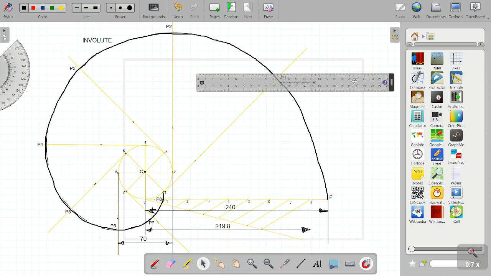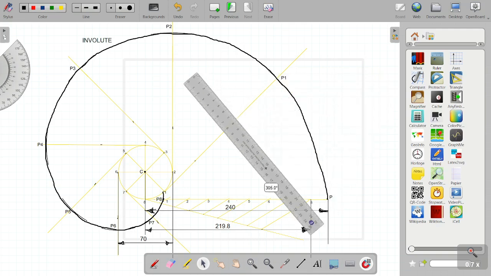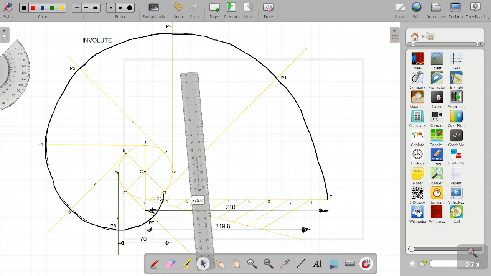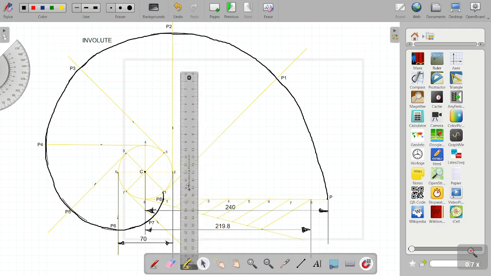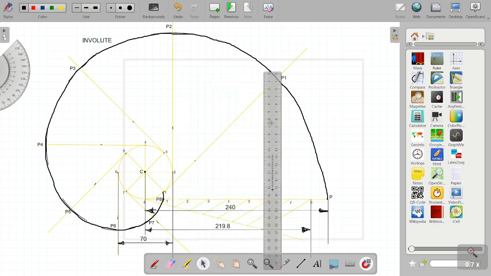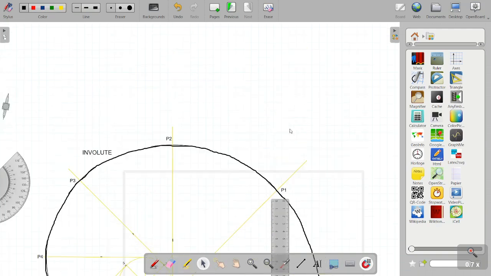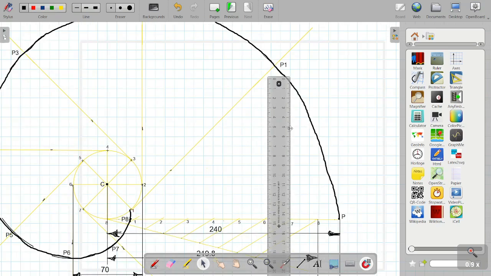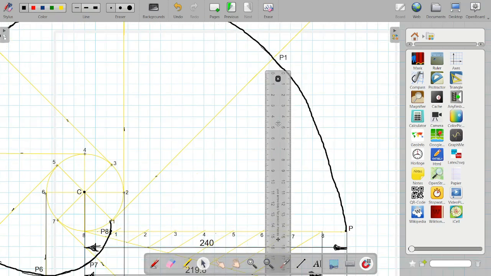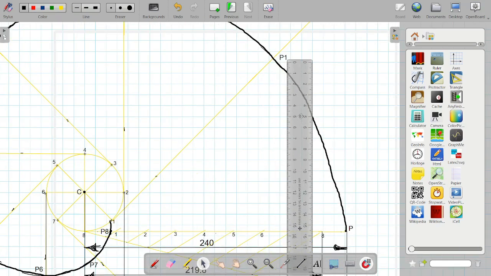Now we are also given that we need to draw normal and tangent to a point which is 150 mm above the line. So what you need to do is take a scale, keep it this side, and measure 15 mm, that is 150. So let us say if I keep it here, 15 mm goes out of the curve.